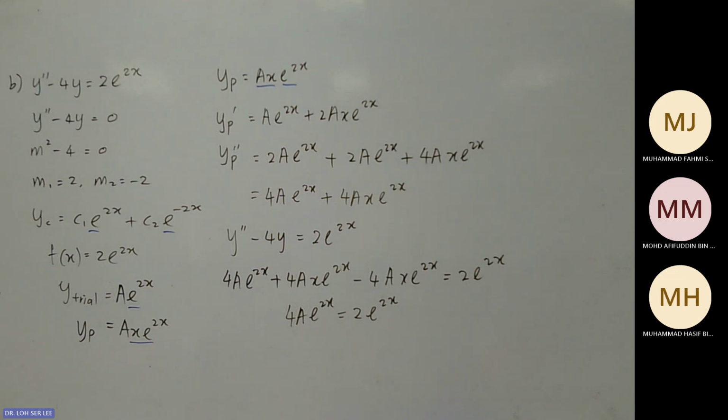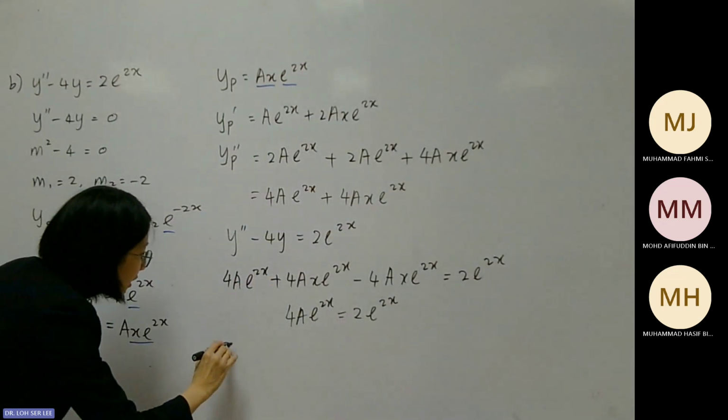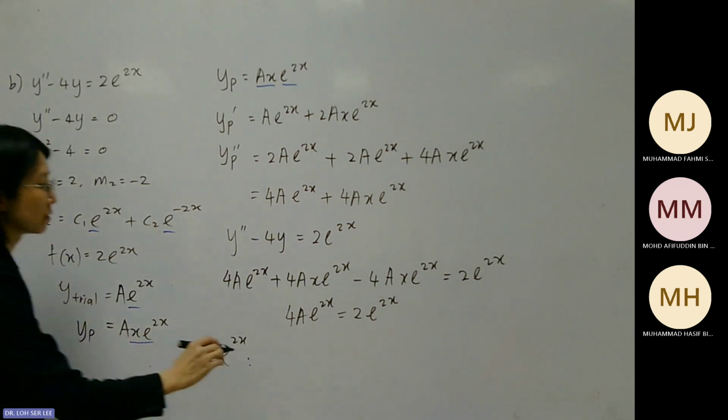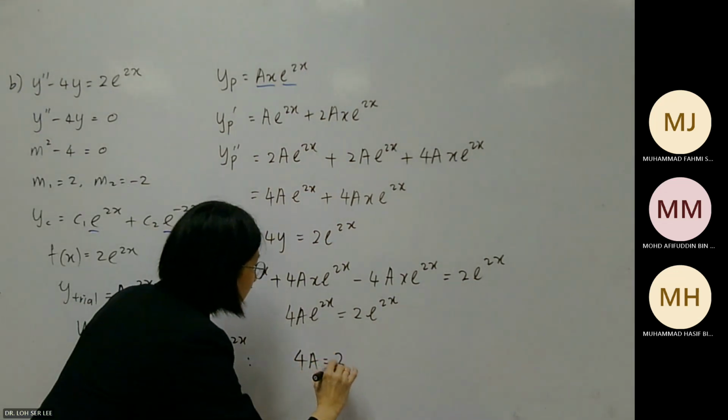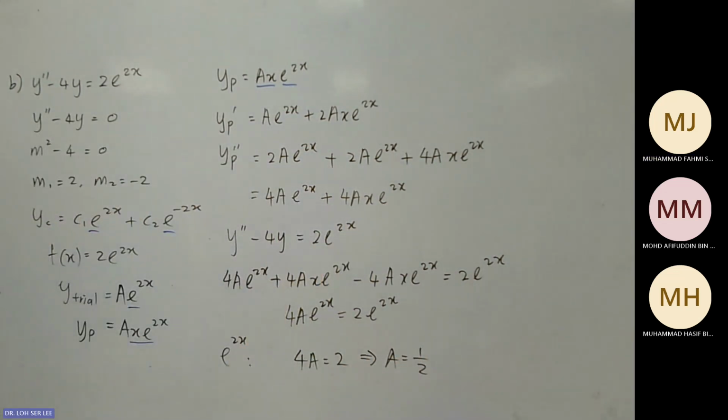Okay, so now we compare the coefficient functions of both sides for e^2x. On the left, we have 4a, and on the right, we have 2. So that means your a is half.